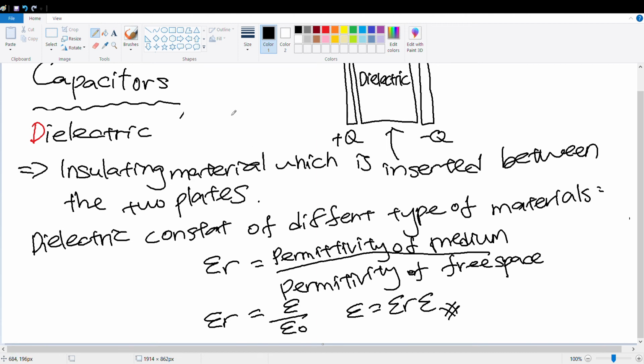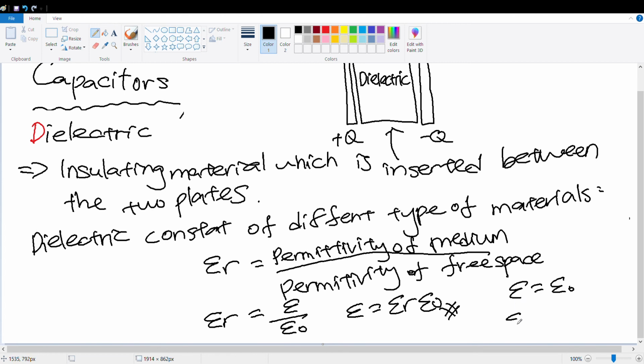So if the capacitor has free space between the two plates, the permittivity of the medium is equal to epsilon naught, which is the permittivity of free space.